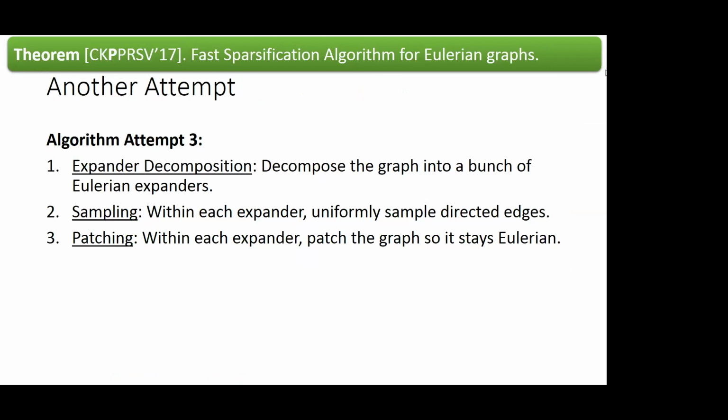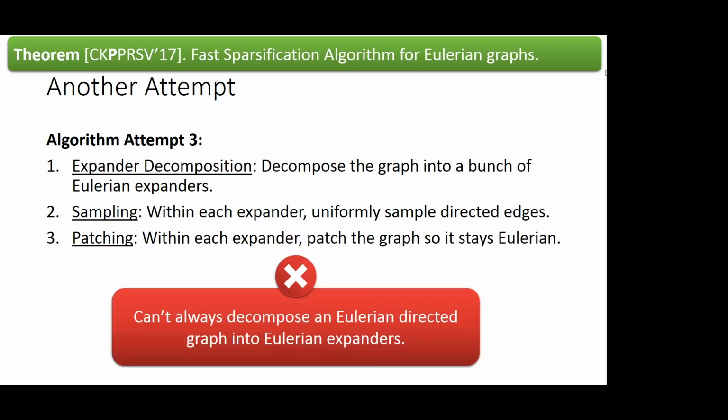And so that leads to the following third attempt at an algorithm. First, we do an expander decomposition, decomposing the graph into a bunch of Eulerian expanders. Then within each of these expanders, we uniformly sample directed edges and do patching, again just within each expander separately. We patch each expander separately to keep each of the expanders Eulerian, and if we're separately keeping each part of the graph Eulerian, this makes the entire graph Eulerian overall.